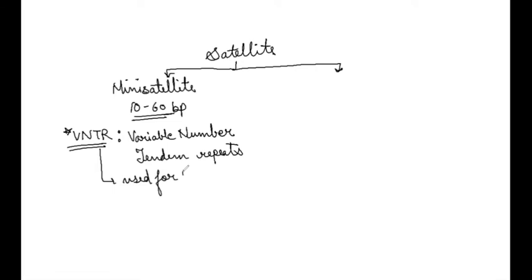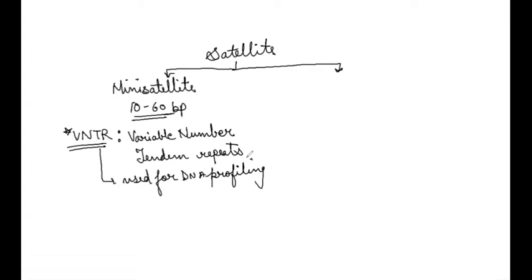To say it in simple language, DNA profiling means DNA matching. We will be just matching two samples of DNA. At last, I'll also explain with the help of an example.